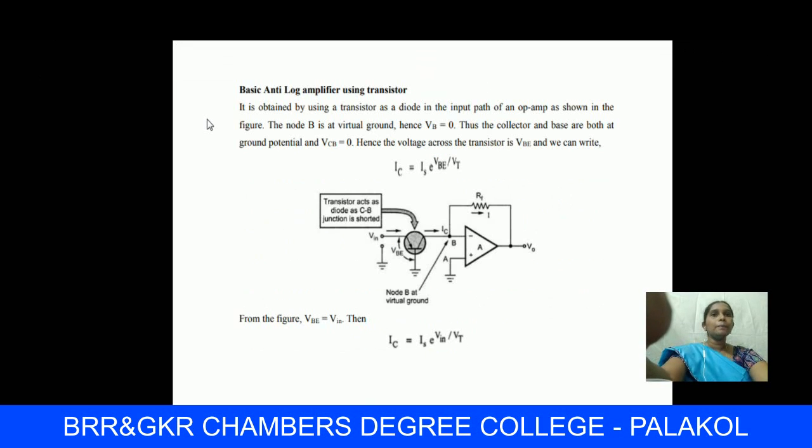Now this is a basic anti-logarithmic amplifier using a transistor. We will use these basic concepts in later classes. Here the formula is IC is equal to IS into e power V in divided by Vt.